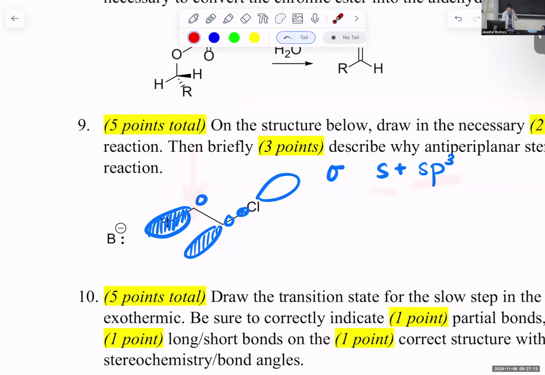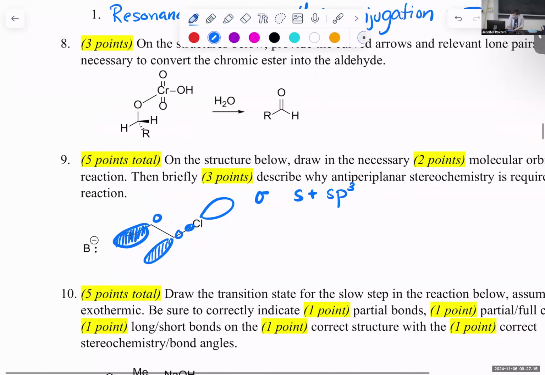So I need to combine a sphere, my s, plus my hybridized orbital, which is the big lobe, little lobe. Because I'm looking at the bonding molecular orbital, the actual sigma, I want the shading to match.